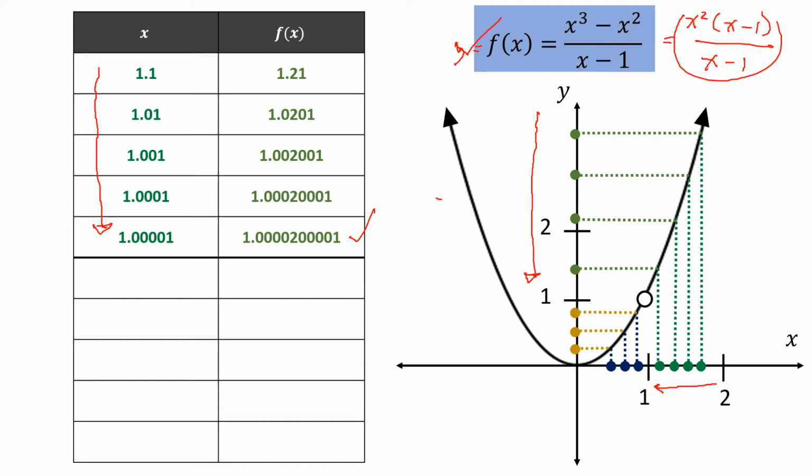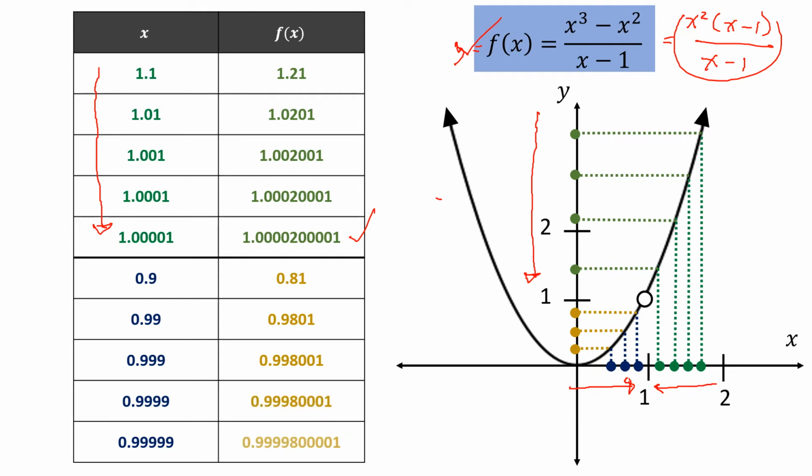So as we go from left to right, going to positive 1, there's a change in the values of y as well. In this case here, the values of x are approaching 1 from the left, meaning these values are all smaller than 1. But then again, as you look at the values of y corresponding to the changing values of x, it is also going to a certain value, and where it is going to is actually 1.